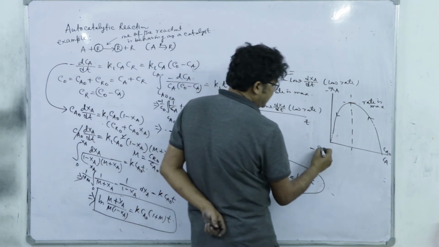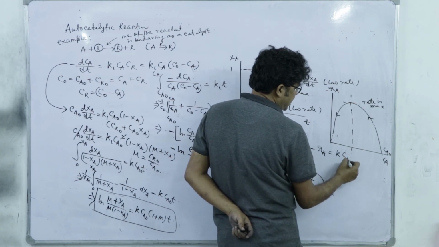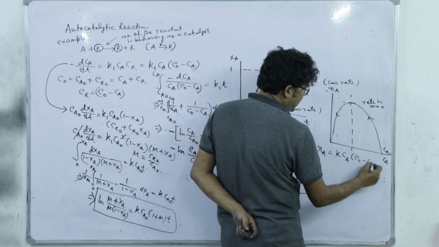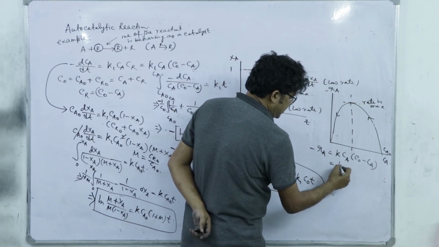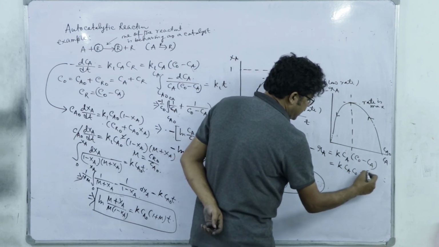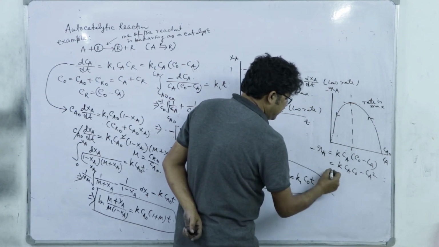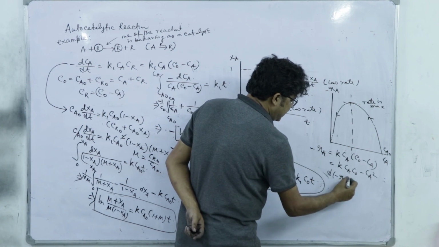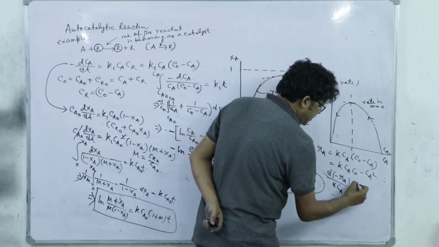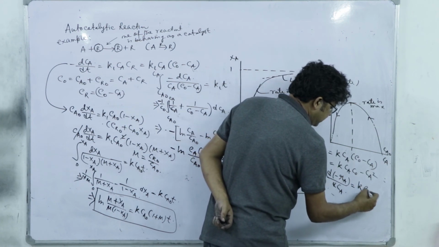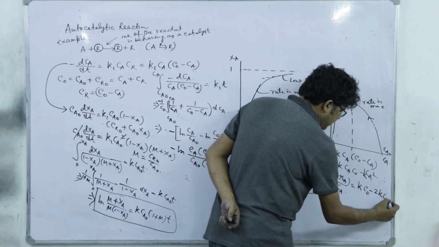Now minus RA, as we have noted, equal to K into CA into C naught minus CA, right. So it is K into CA into C naught minus CA. So the derivative of minus RA with respect to dCA is equal to K into C naught minus 2K into CA.